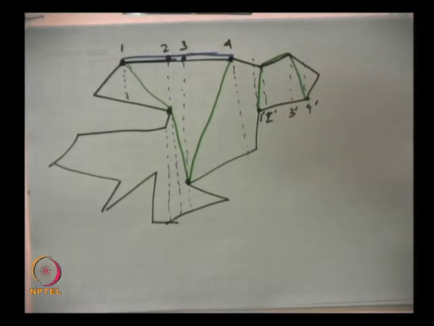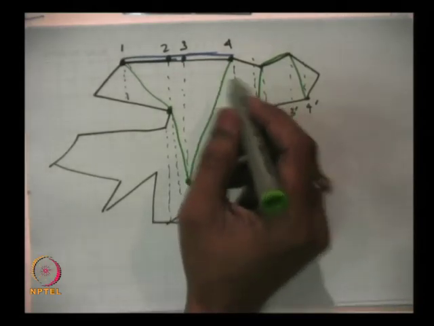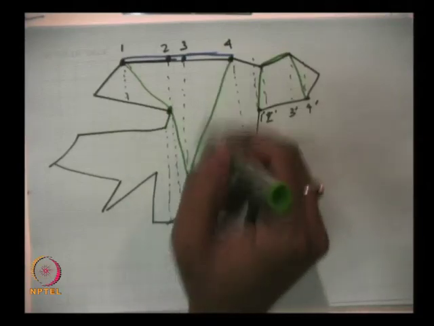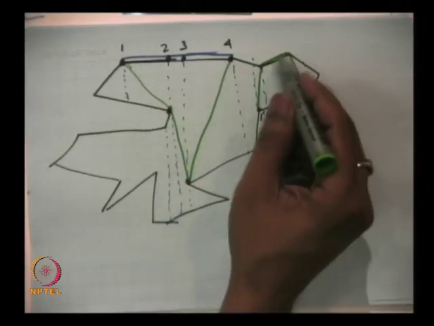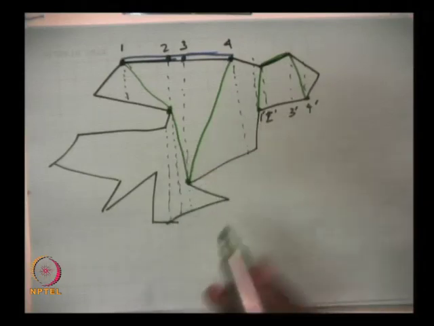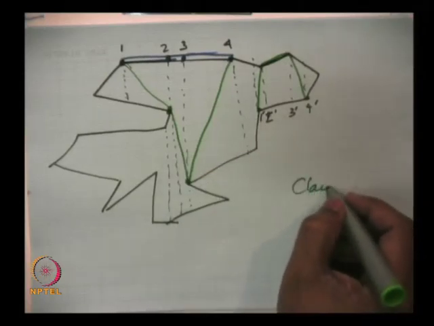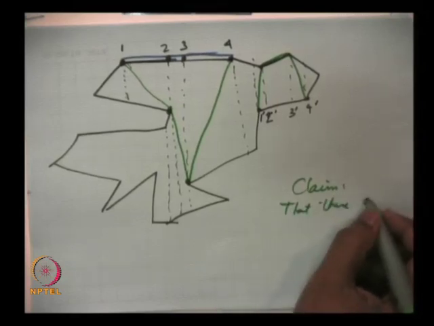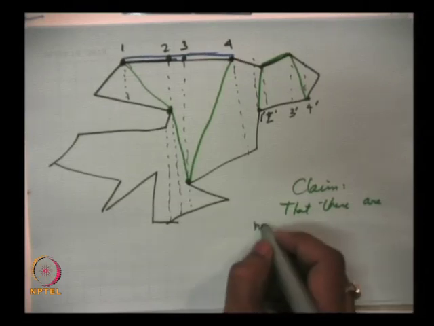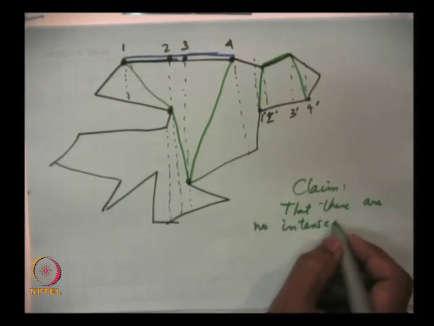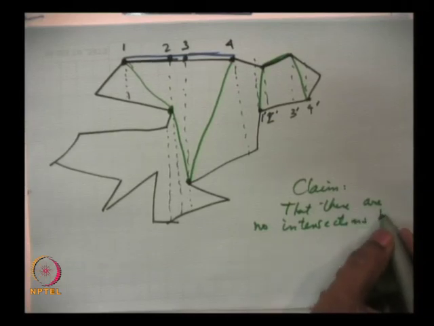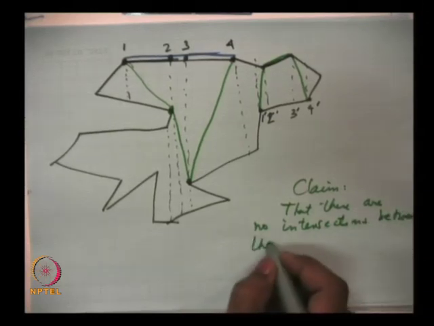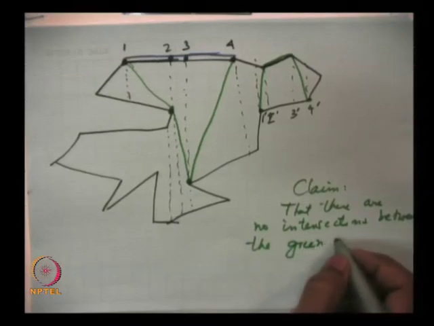I am not drawing all the diagonals because it becomes too cumbersome and clutters up the diagram. So, when we draw these green lines, of course this already exists, I do not have to draw it. I claim, or observation, that there are no intersections between the green edges.